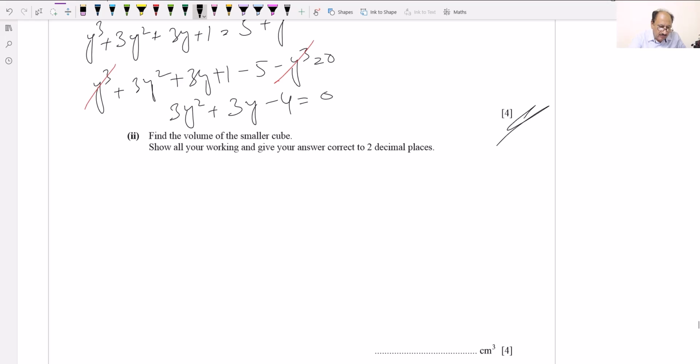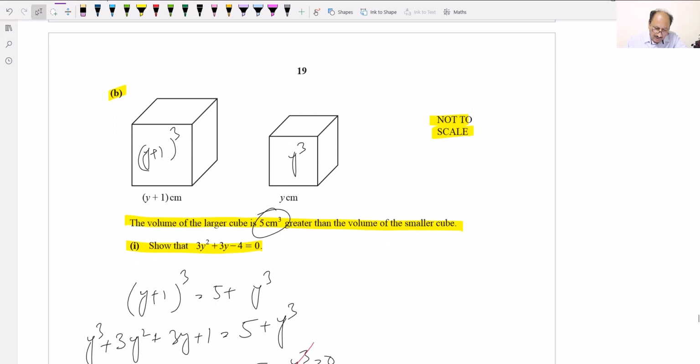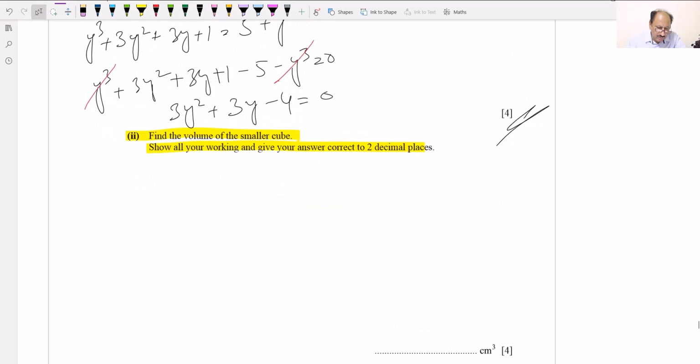Now for the second part, it says find the volume of the smaller cube, show all your working and give your answer correct to 2 decimal places. Now for the volume of the smaller one, we need to find the y value, because y cubed will be the volume. So we will solve this quadratic equation, 3y squared plus 3y minus 4 is equal to 0.